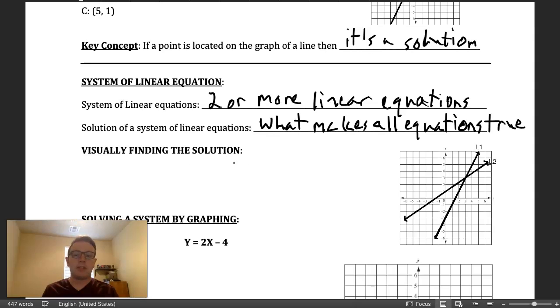So if we're looking for something that makes both equations true, we want it to be a point that's on this line and on the other line, meaning that visually, finding the solution is finding the intersection. It's the same thing when we're looking at graphs.